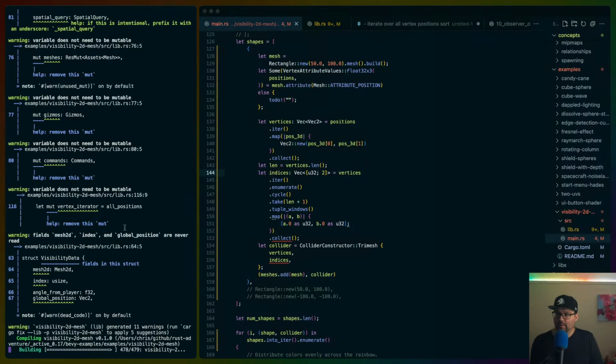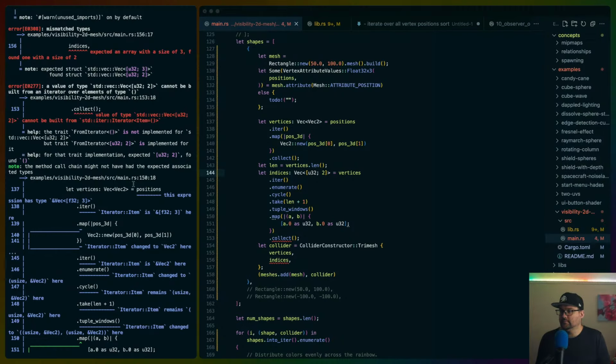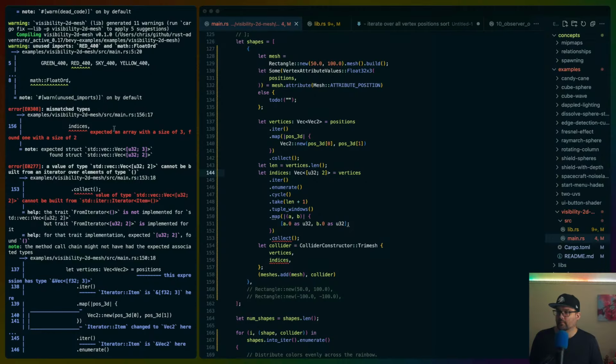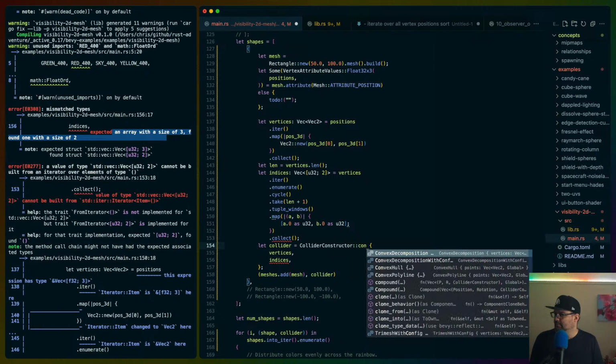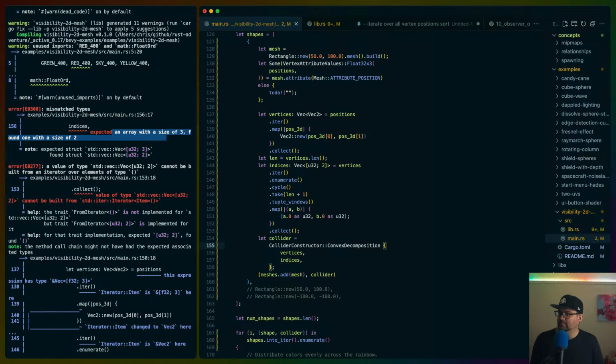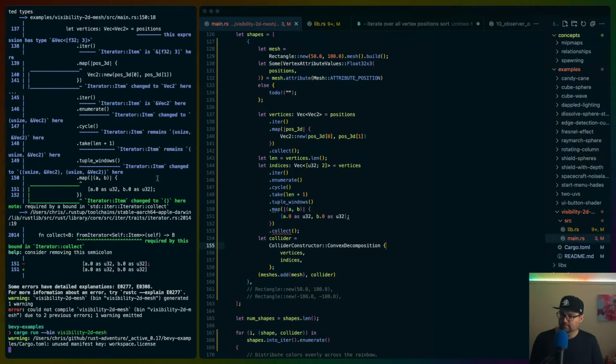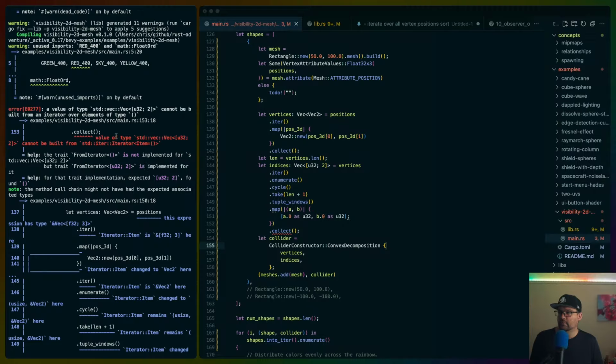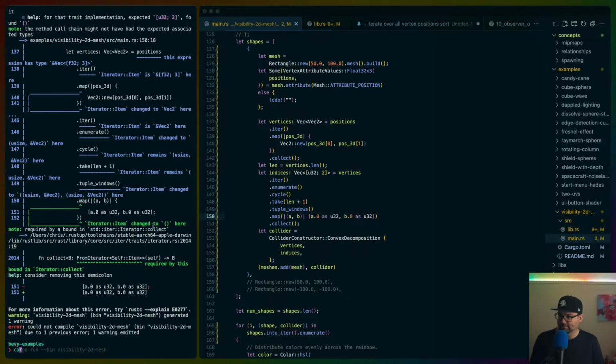Did I mess something else up? Expected an array with size of 3, found one with size of 2. Oh, right, because we switched to trimesh. And then I switched back to convex. Value of U32.2 cannot be built from item unit, which is my fault because I put a semicolon over there.